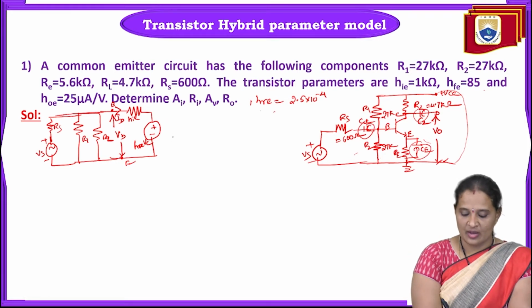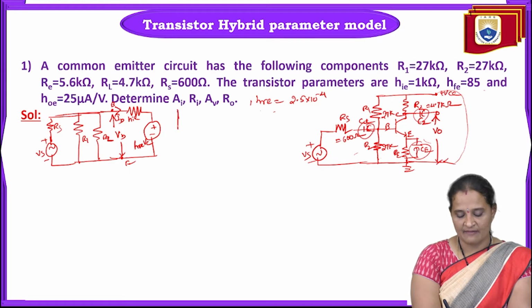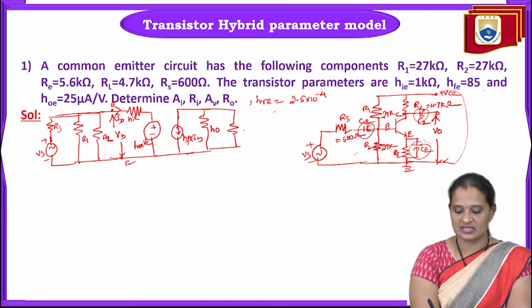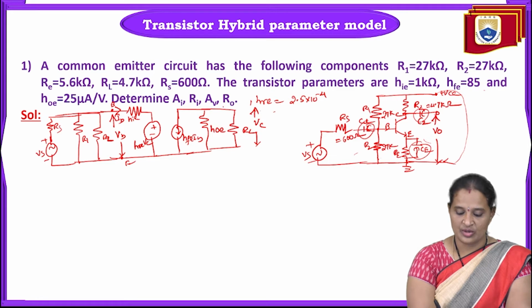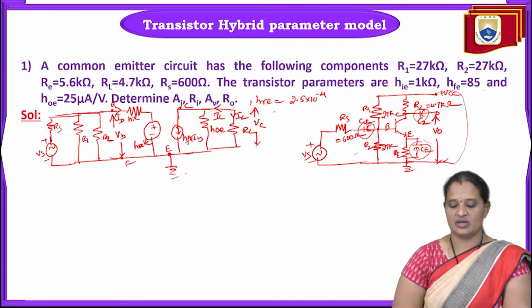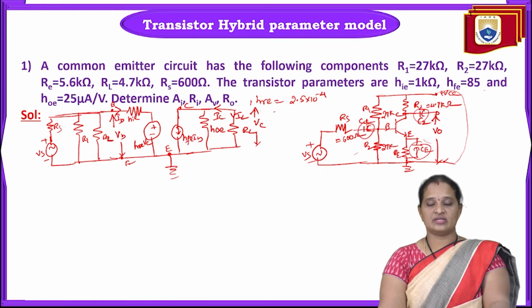Now coming to the output side, we have a current source whose magnitude is given by HFE into IB, and we have a resistance in parallel, that is HO, and we have a resistance RL, which is connected to the ground, across which we are going to measure V0, which is also equal to VC. The current flowing through this one is IL, and the current flowing through the collector terminal is IC. This is the emitter terminal, so it is grounded, right? So this is the equivalent circuit of the common emitter configuration.